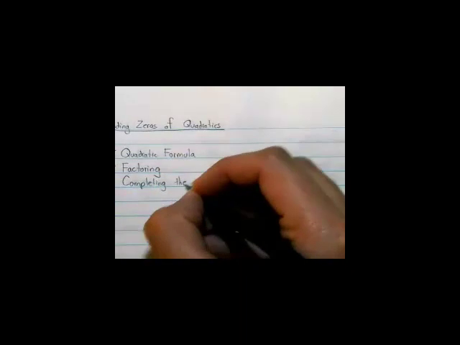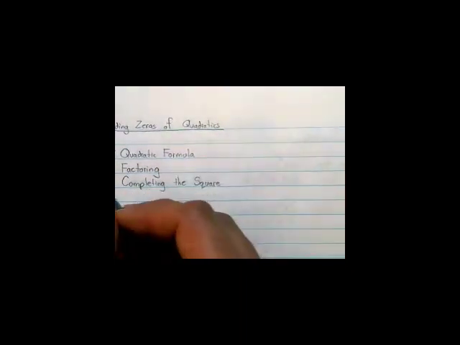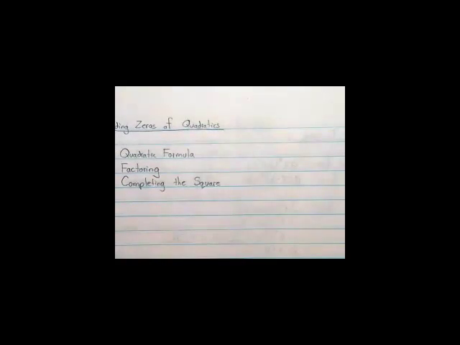Now there are some other methods that you guys did, which we are not going to generally look at, but still work. One was completing the square. It works, but the thing is it's messy and easy to make mistakes. Quadratic formula, I think, is a little bit more straightforward and reliable.